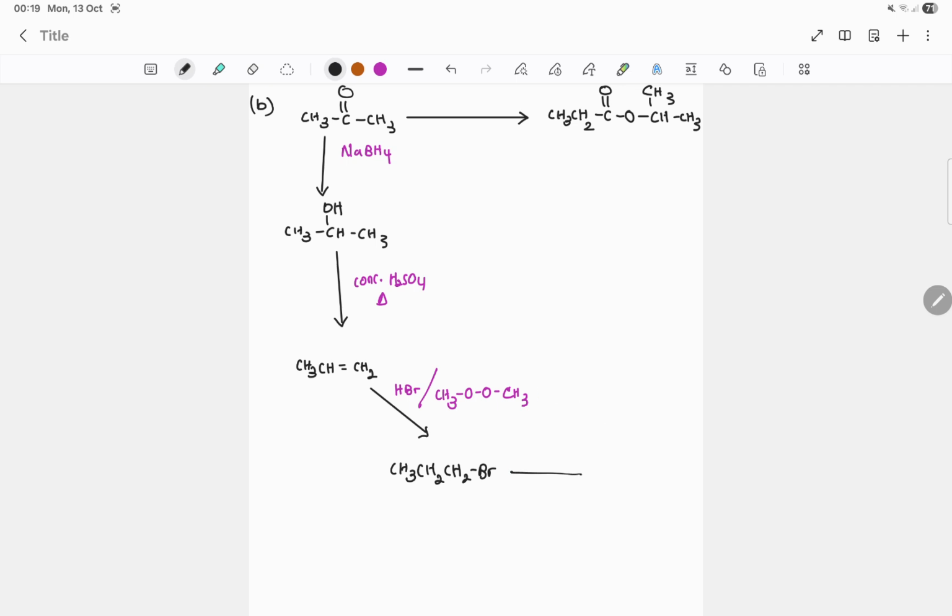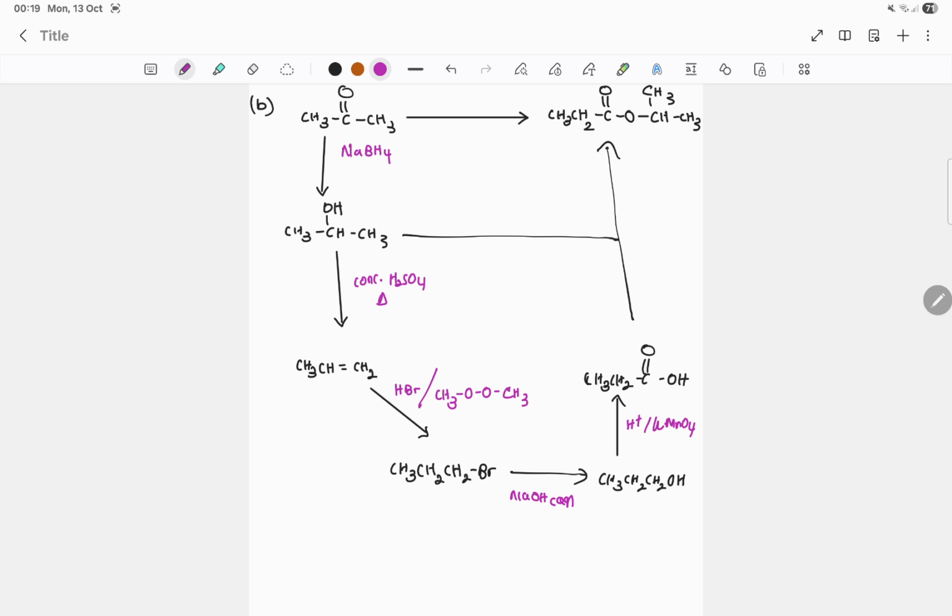And then I will add aqueous NaOH to convert this to an alcohol, CH2OH, and then I can add H plus KMnO4. Then we will get CH3CH2COOH, and then you can write conc H2SO4.